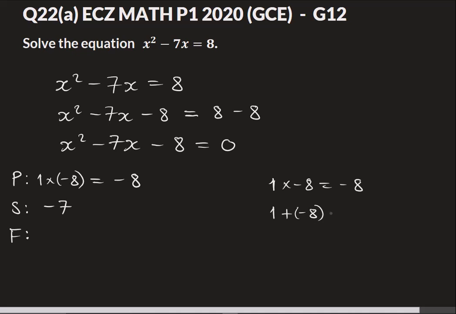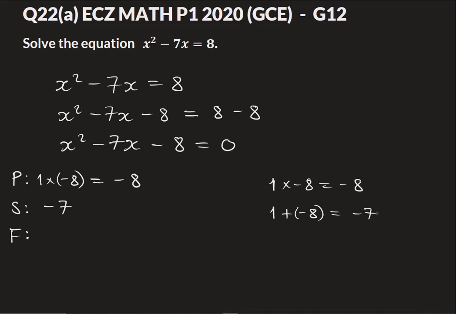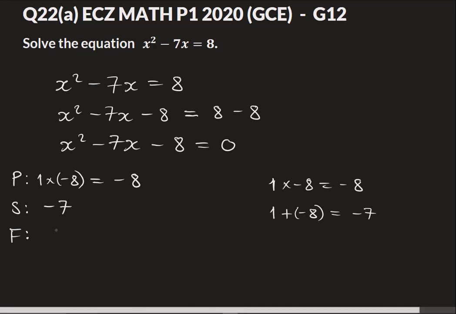You can see I'm adding here, but the result is kind of subtraction. If you say 1 minus 8, but yeah, you get the concept. So we have found the factors just by a simple approach. Always start from 1. Our factors are 1 and -8.